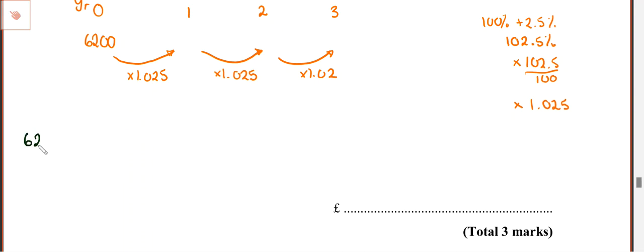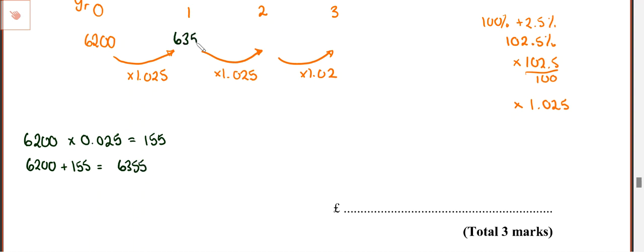So, different colour, 6,200 times 0.025 is 155. But then we have to do 6,200 plus 155, and that is this number. Okay?